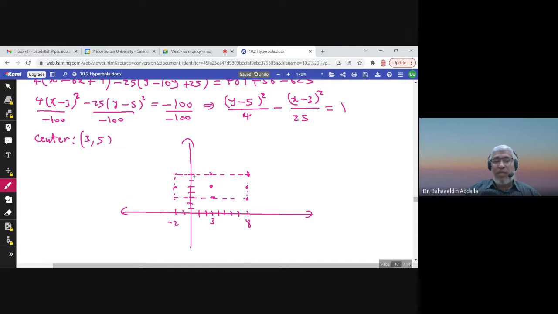This is 8 and 6, isn't it? 1, 2, 3, 4, 5, 6, 7. It is 5 and we went 2 units up, so this is 7. So this point has coordinates 8, 7. This point negative 2, 7. This point negative 2, 3. So I can write the endpoints of the fundamental rectangle. And the diagonals of the fundamental rectangle represent the asymptotes.